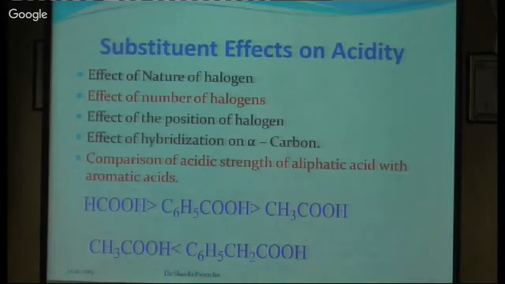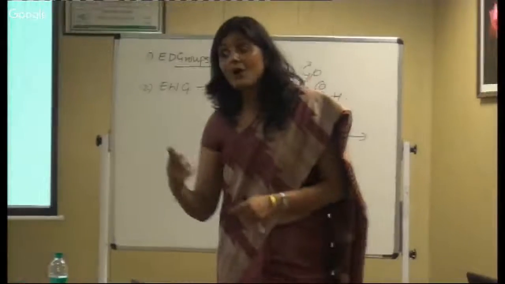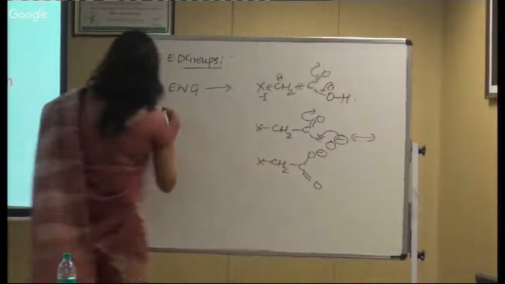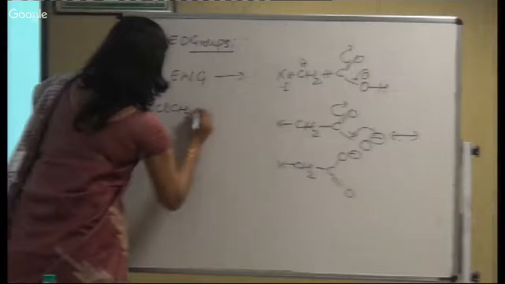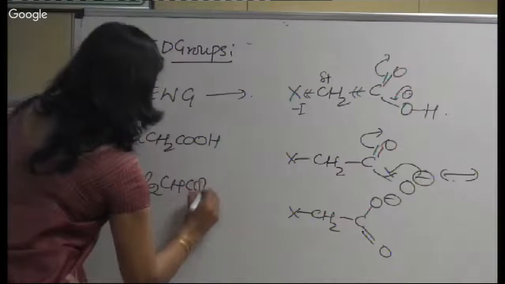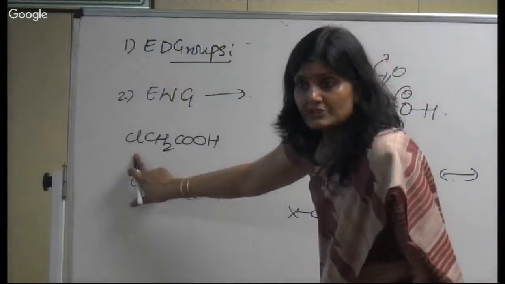Next is the effect of the number of halogens. As the number of halogen substituents increases, the acidity will go on increasing, because again of those two reasons. For example, here there is only one chlorine attached to the alpha carbon.